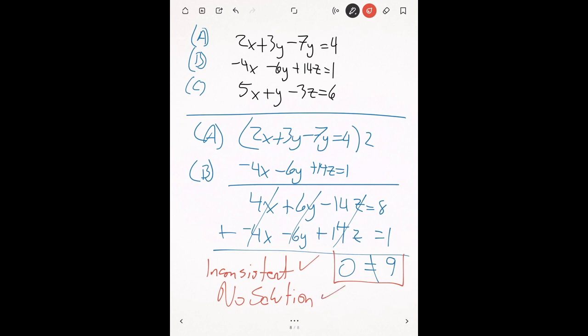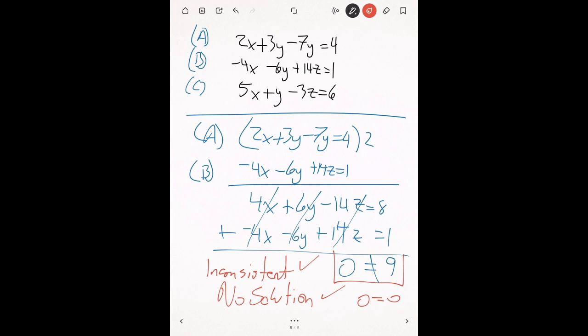If you were to come across a problem and say you got 0 equals 0 or 1 equals 1, whatever, and you came across an identity, you also have to stop your work, except in that case you would say you have infinitely many solutions. So anytime you come across an identity or a contradiction, you have to stop your work. You can't go any further. If it's a contradiction like right here, you say no solution.